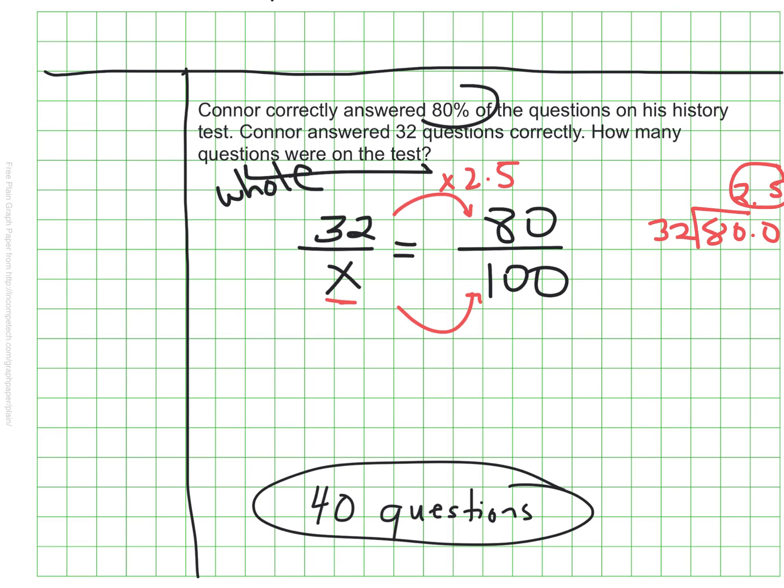And then again, you have to think, what number times 2.5 is 100? If that doesn't come naturally to you, you can always divide 100 by 2.5 to figure it out, and you should have gotten 40. So our missing number here was 40. For Connor to have gotten an 80% on the test, he must have gotten 32 out of 40 questions correct.